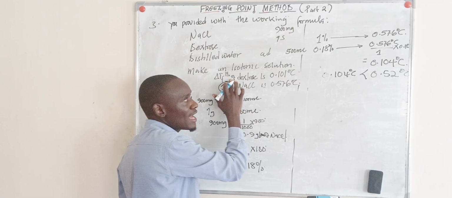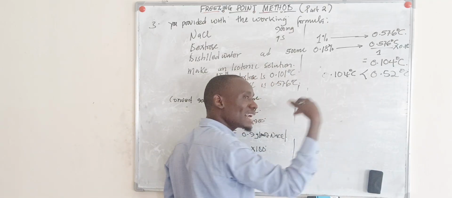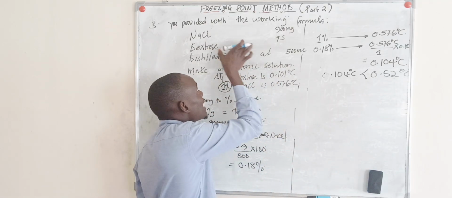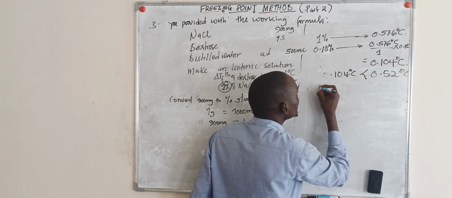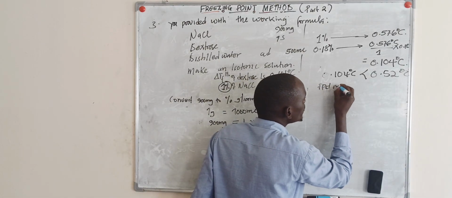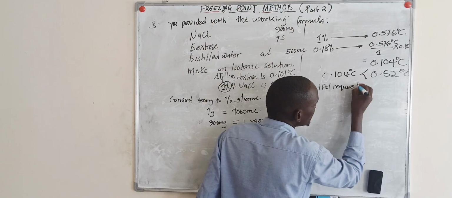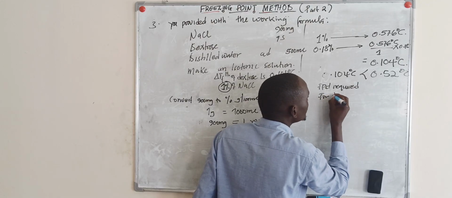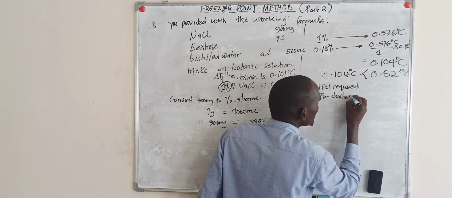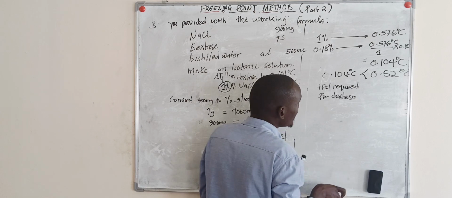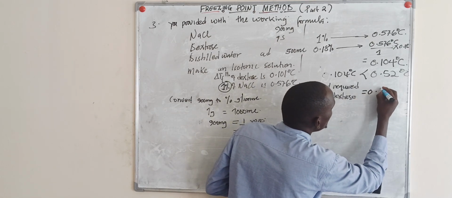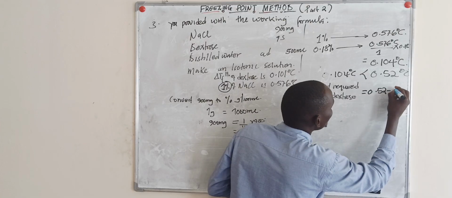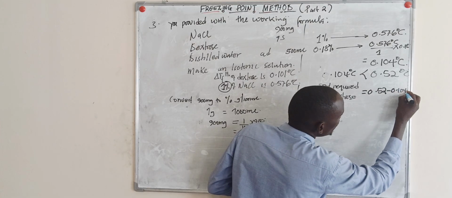Remember, they have given us the freezing point depression of 1% solution of dextrose. And the remainder here becomes for our isotonicity modifier. So we are going to say freezing point depression required for dextrose, which is our isotonicity modifier, will be equal to 0.52 minus 0.104.